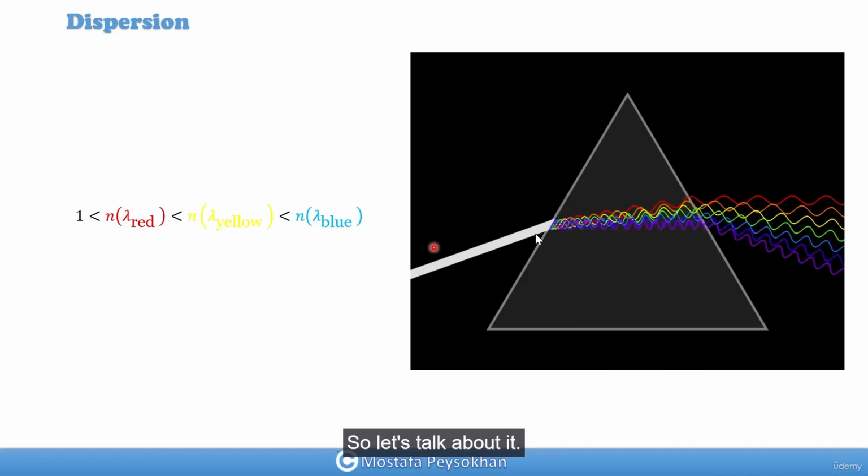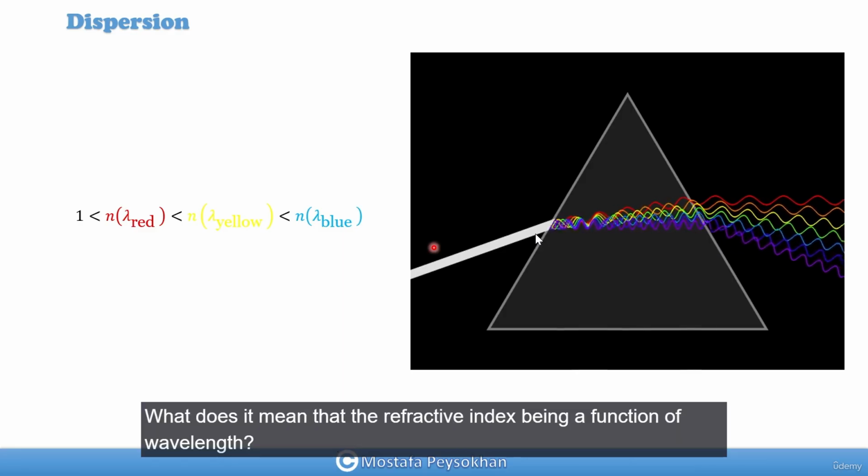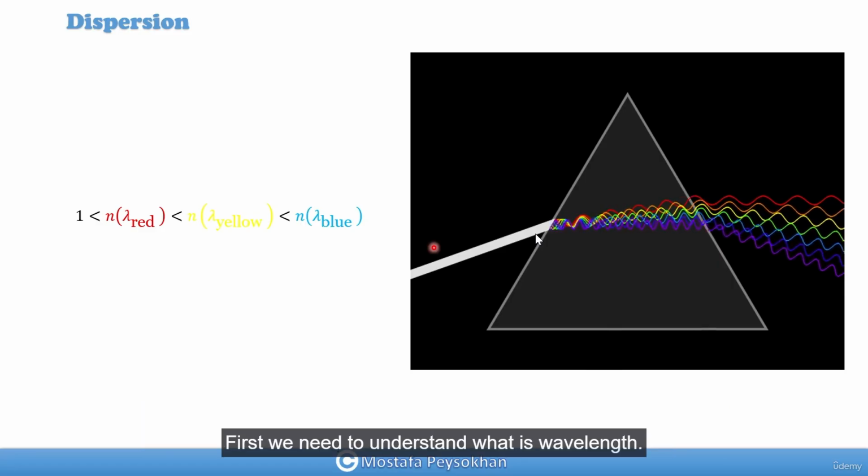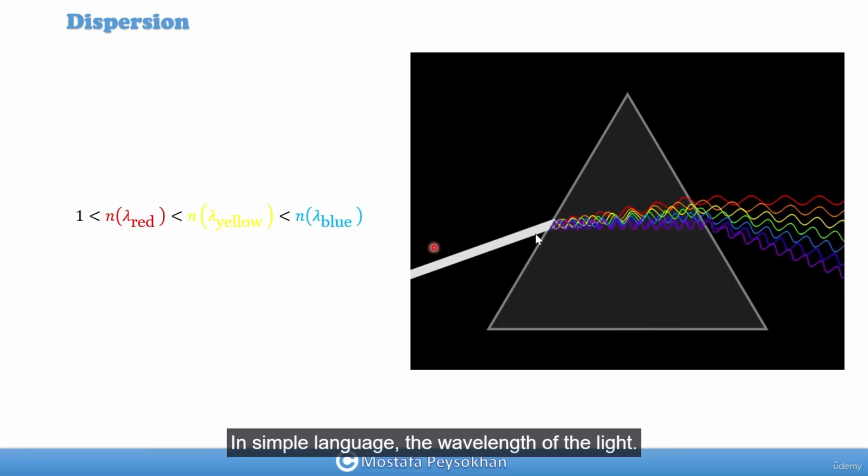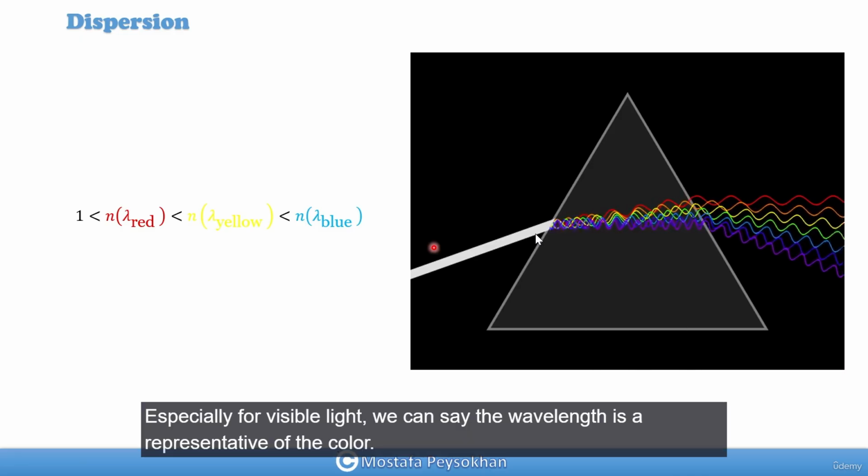So let's talk about it. What does it mean that the refractive index being a function of wavelengths? First, we need to understand what is wavelengths in simple language. The wavelengths of the light, especially for visible light, we can say the wavelengths is a representative of the color.